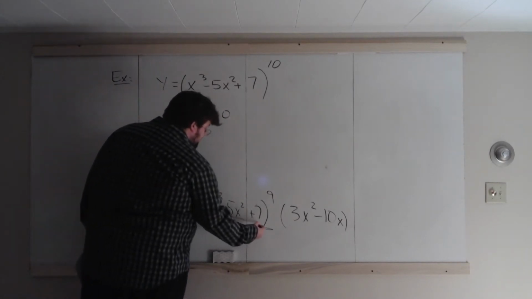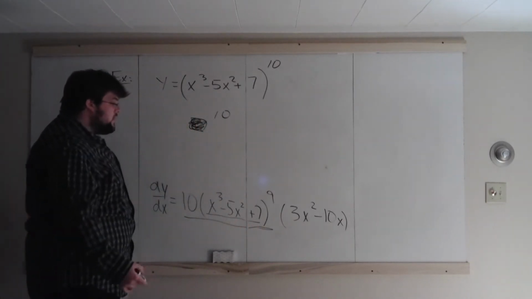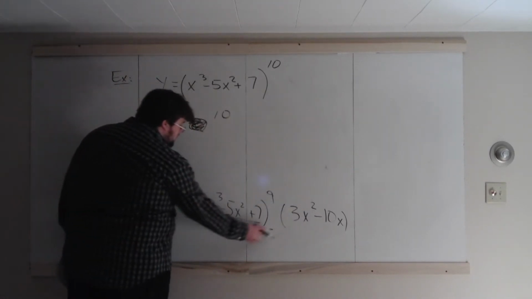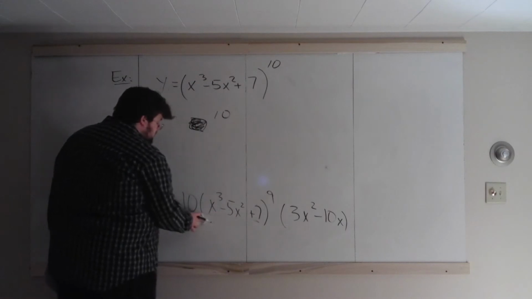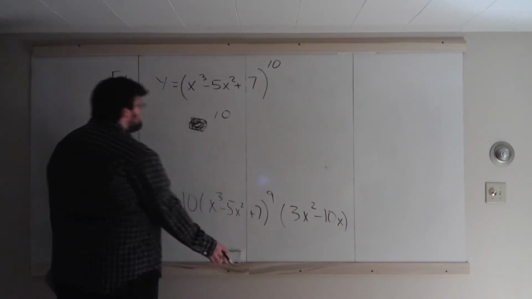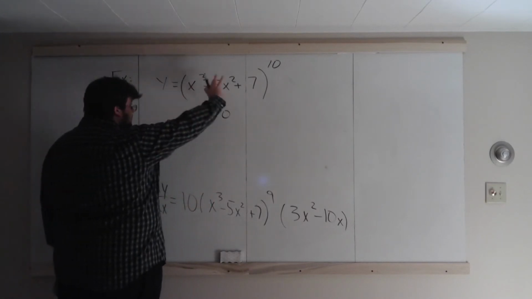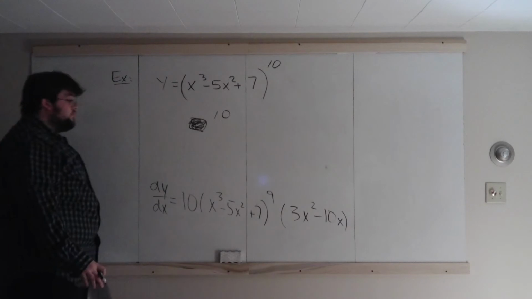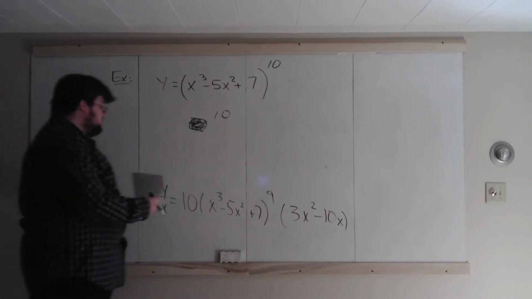We have 10 of them to the 9th, times the derivative of them, 3x squared minus 10x. So if you start with a function to the 10th, you can take its derivative by doing 10 of them to the 9th, and then multiplying by the derivative of that inside.